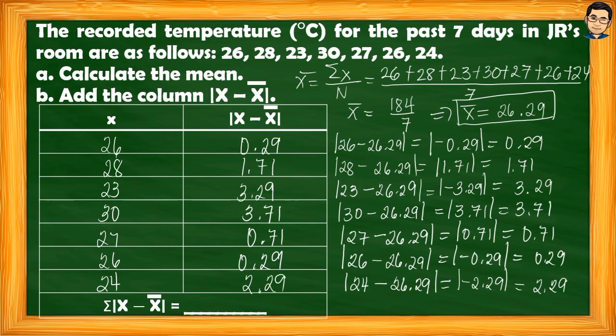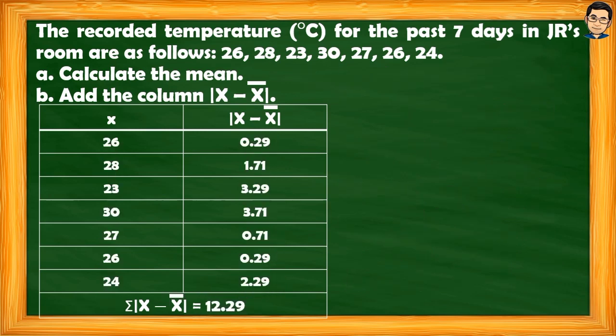So, last step, i-add lang po natin yung mga nakuha nating mga difference. So, 0.29 plus 1.71 plus 3.29 plus 3.71 plus 0.71 plus 0.29 plus 2.29. So, the sum will be 12.29. So, yung nakuha nating summation is 12.29.